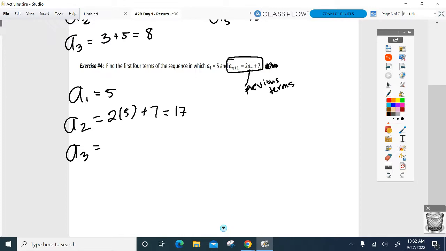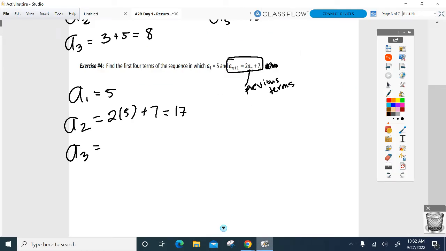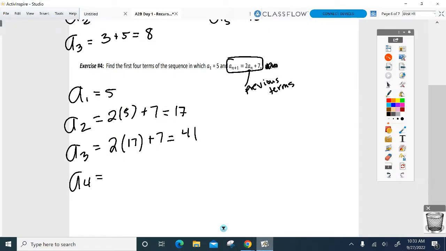How do I find the third term? Multiply the 17 by 2 and add 7. 2 times previous 17 plus 7 again. 41. And then for the first 4 terms, all right, so I got one more left. How do I find that last one?